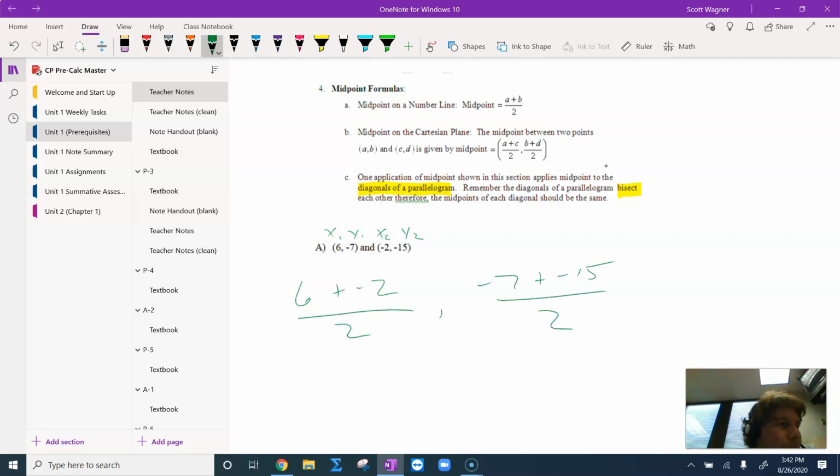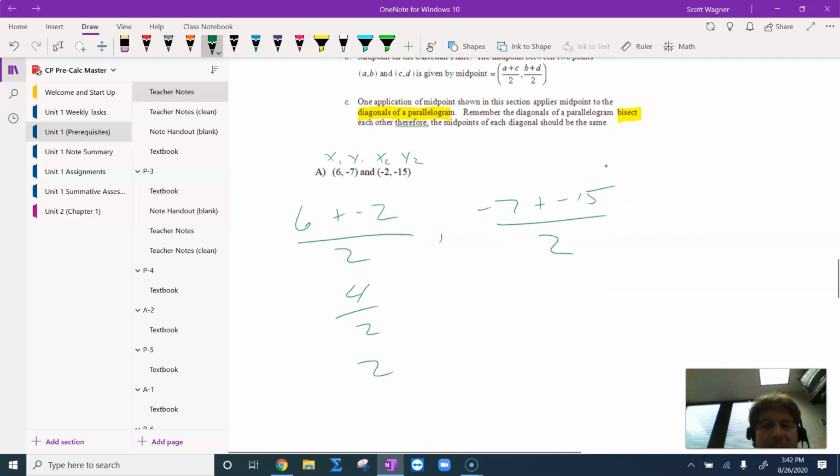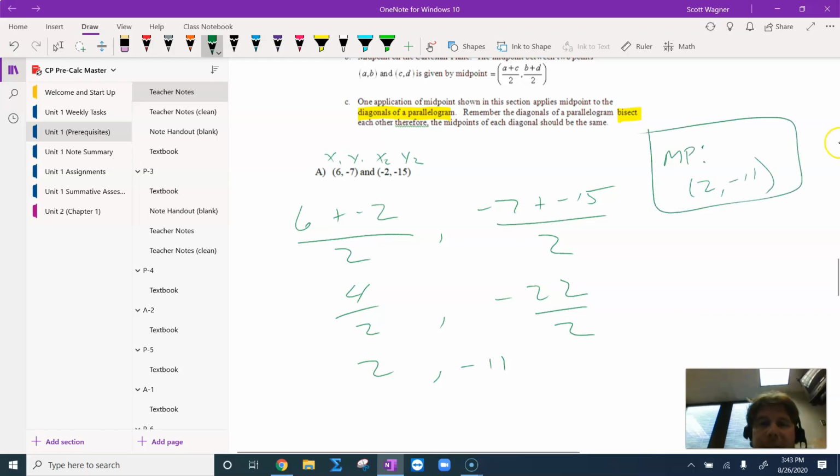So 6 plus a negative 2 is a 4. 4 divided by 2 is a 2. And then negative 7 plus a negative 15 is a negative 22. Divide that by 2, and you get a negative 11. So your midpoint, the halfway point between these 2 points, would be 2, negative 11.